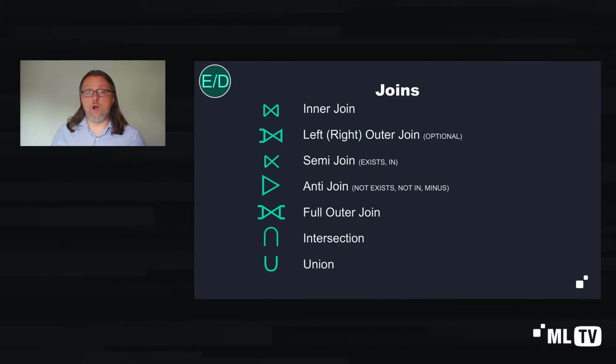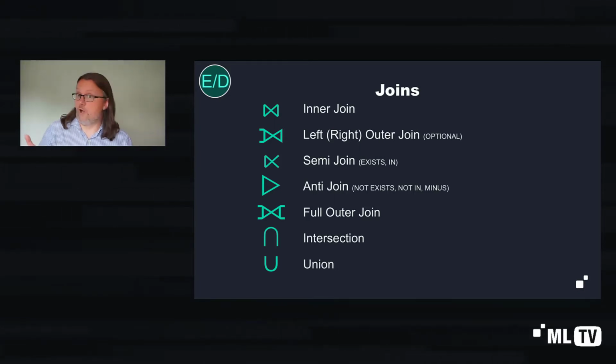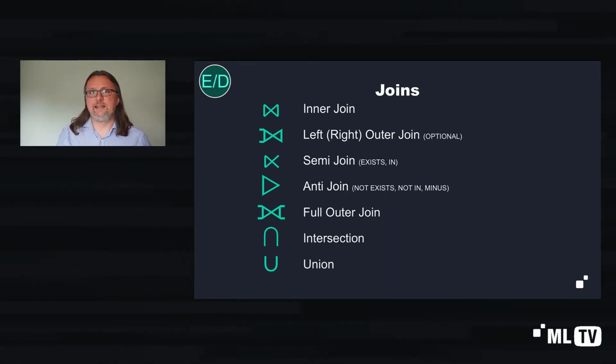So we have a number of join operators in the Optic Engine that we support, including inner joins, left or right outer joins. In SPARQL that would be optional. Semi joins, so that would be exists or in.